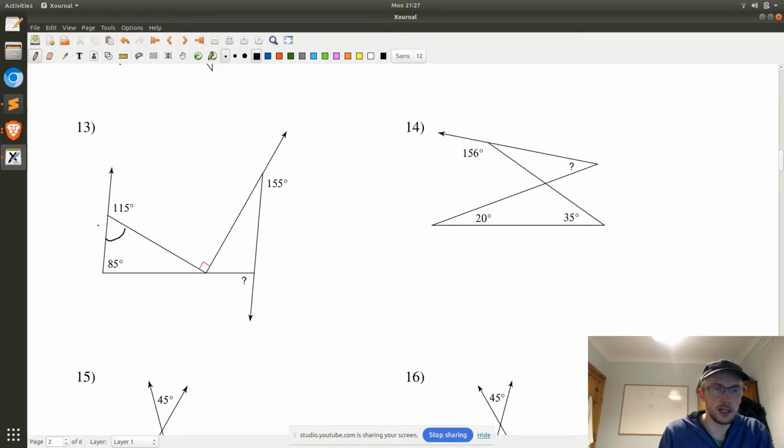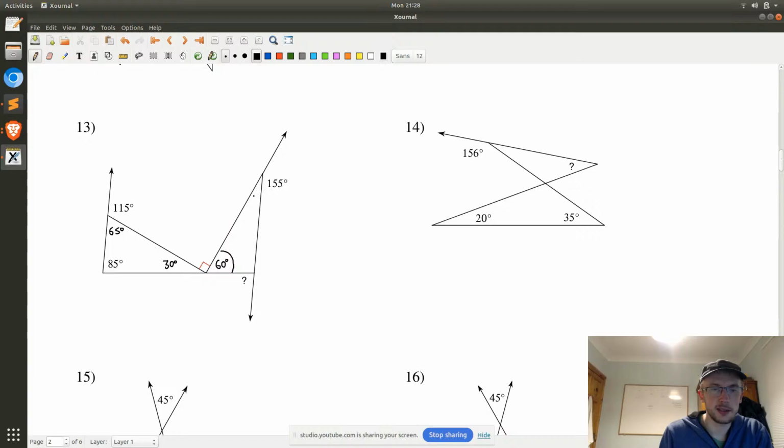Angles on a straight line. So this here must be 65 degrees, and this down here must be 30 degrees, and 30 and 90 makes 120, so this must be 60 degrees.